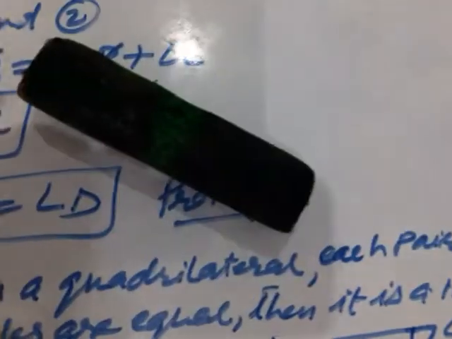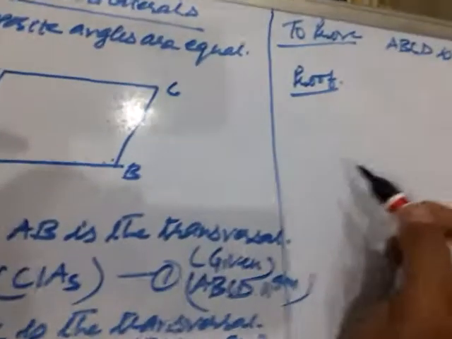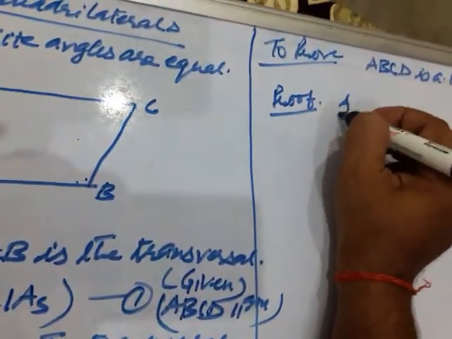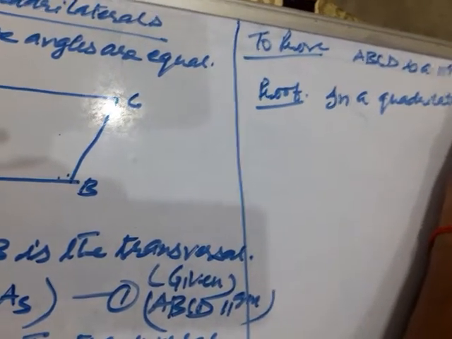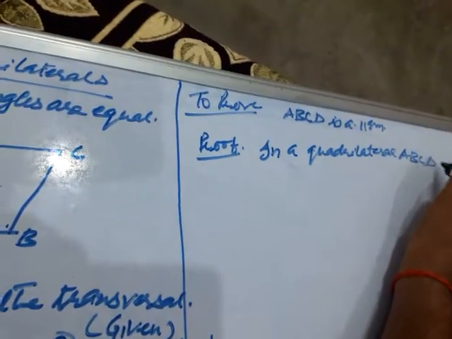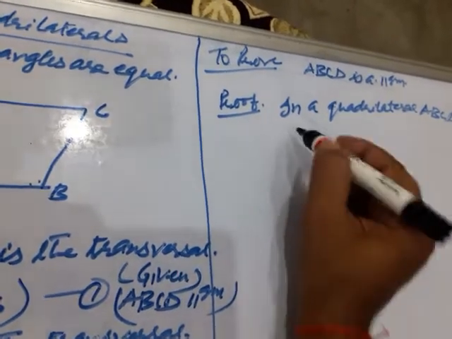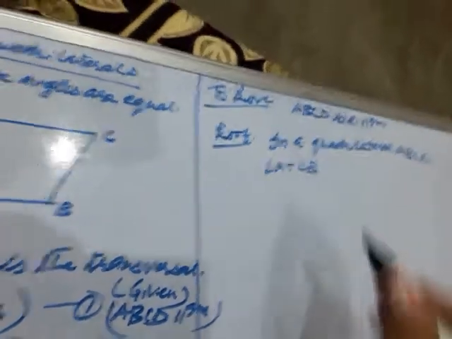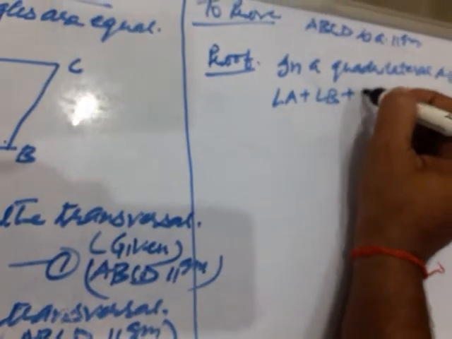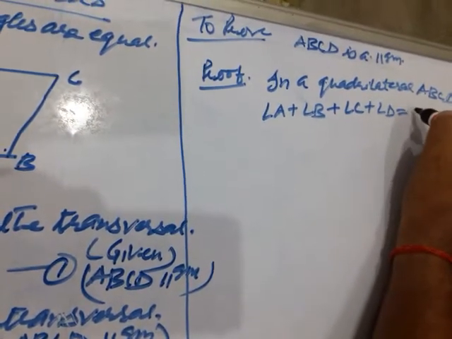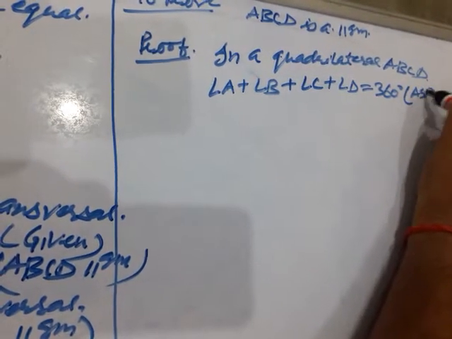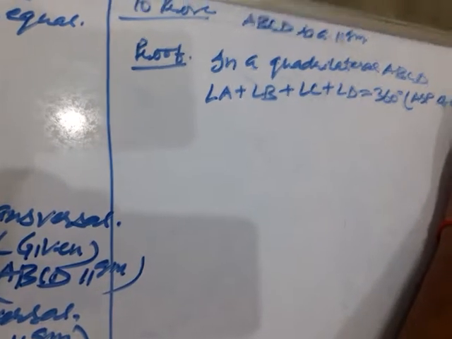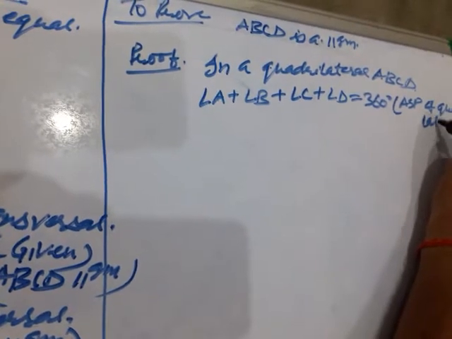Look at the figure. In a quadrilateral ABCD, by angle sum property of a quadrilateral, angle A plus angle B plus angle C plus angle D equal to 360 degrees.